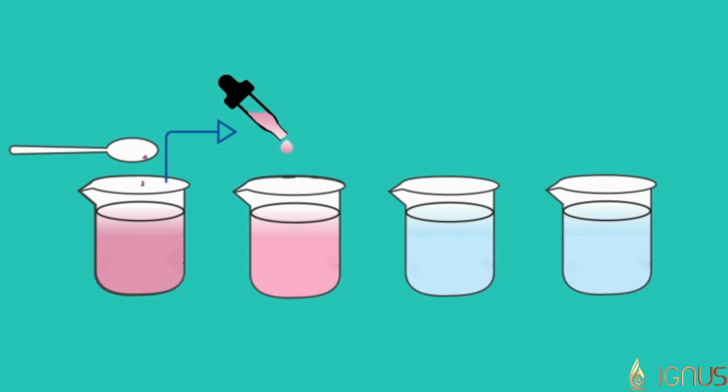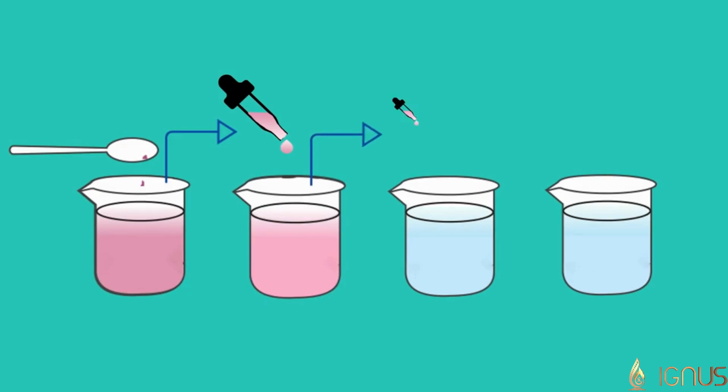What we have done in this process is we have picked very few crystals of dissolved potassium permanganate and dropped it to the second beaker. But since the second beaker also became pink, we can infer that there are still a lot of particles in the second beaker.